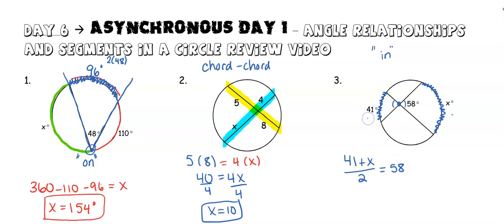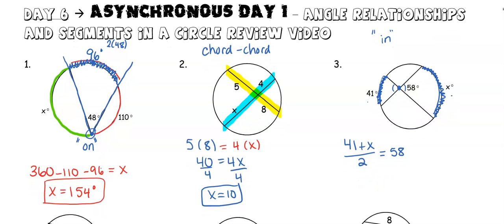So 41 plus x cut in half is equal to 58. Remember, these are those intercepted arcs. Now my x is over here within that fraction. So what I want to do is get rid of this fraction. To do that, if I'm dividing by 2, I'm going to multiply both sides by 2. That cancels those.